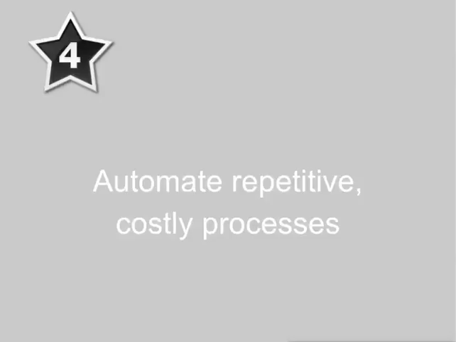So if we've got processes that are not adding to the value that we're delivering to our customer, and I'll give some examples here. For example, if you're creating an online program, then sending somebody a link to the online program by hand, sending emails to 100 clients, is a repetitive process, and it's costly because it costs someone time to do that.